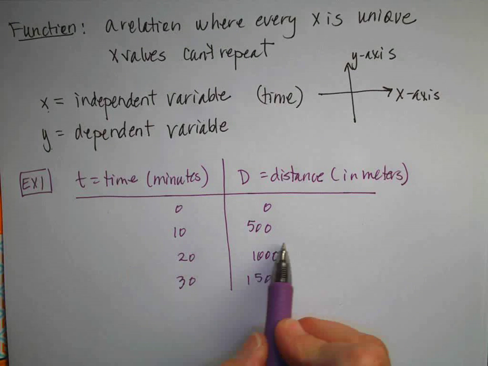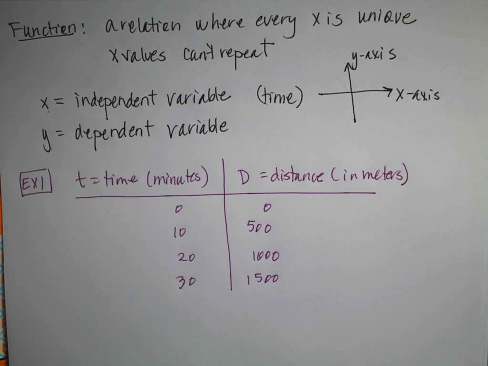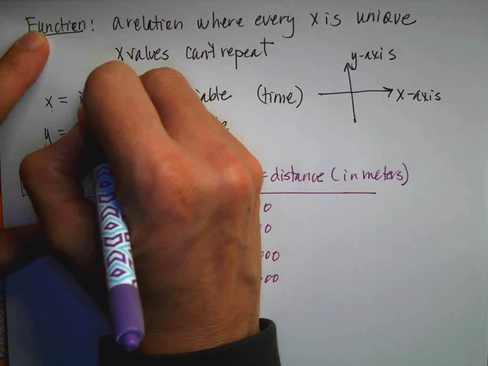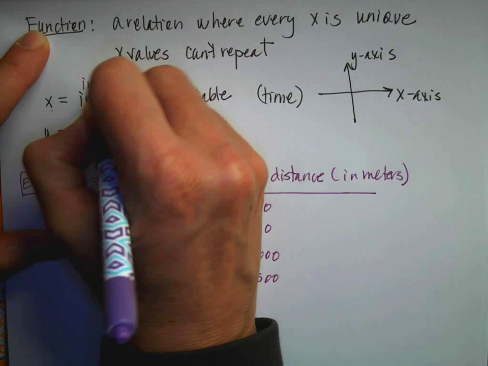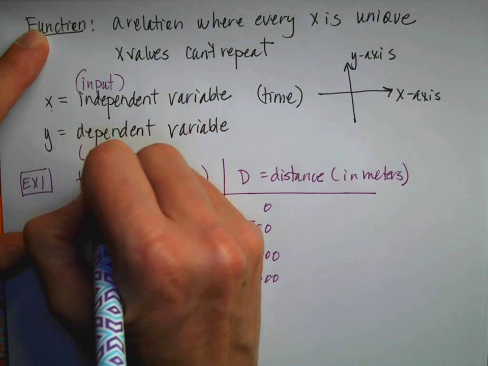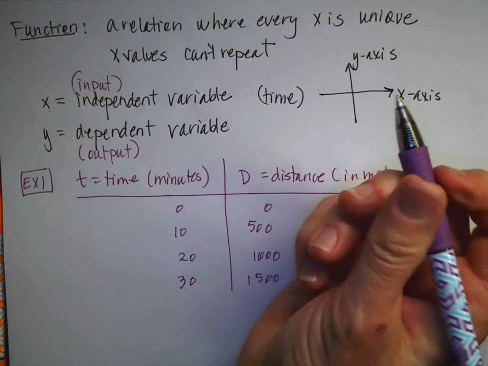So I want to know which of these two are going to represent input, which means that we need to go back and talk about our independent variable. The independent variable is going to be input, and the dependent variable is going to be output, okay?